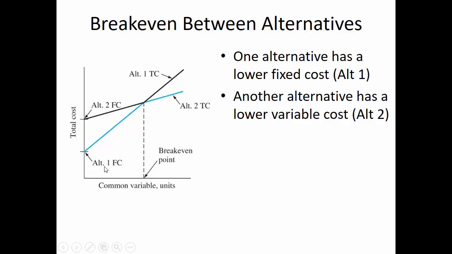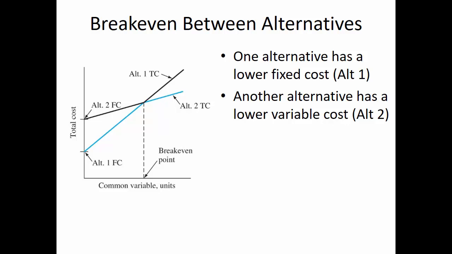It means to the left of the break-even point, use the item that has a lower fixed cost but a higher variable cost, because you're not making that many. So the variable cost doesn't have that much of an effect. But to the right of the break-even point, no longer should you choose option 1. Now you should choose option 2, because to the right of that break-even point, option 2 is the lower cost.